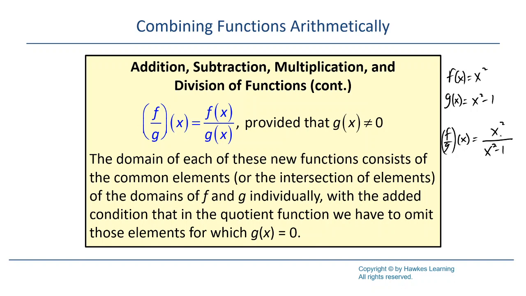Now, one other thing to point out, remember, if you're going to cancel something, it has to be factored out from the numerator and the denominator, so please do not say that you can just cancel like this. That's not true.